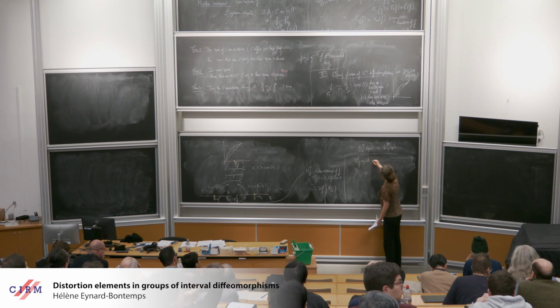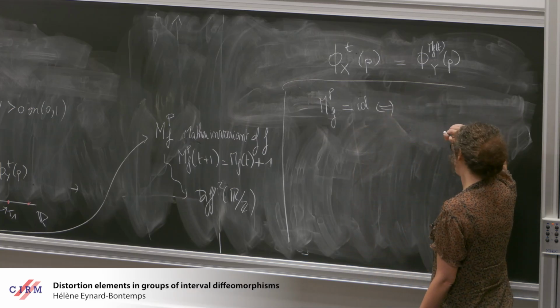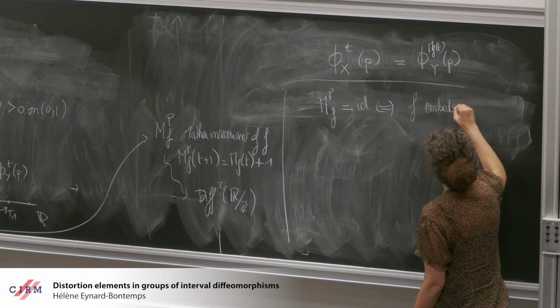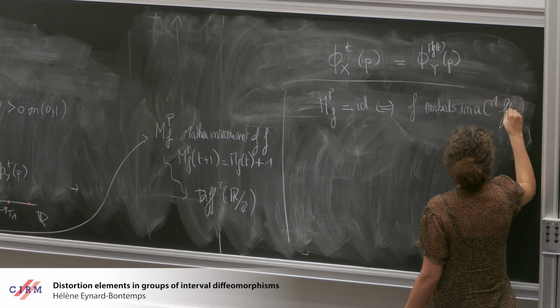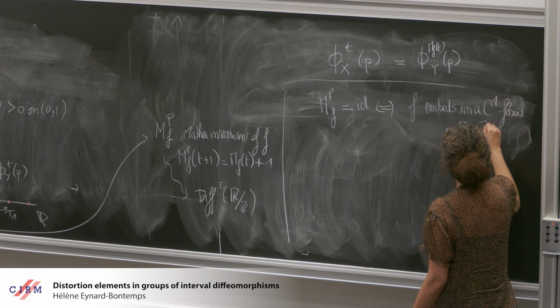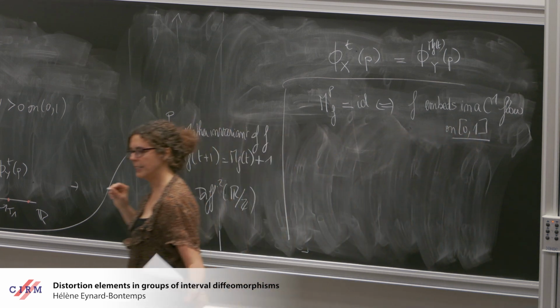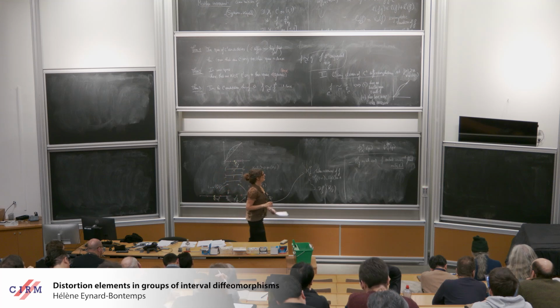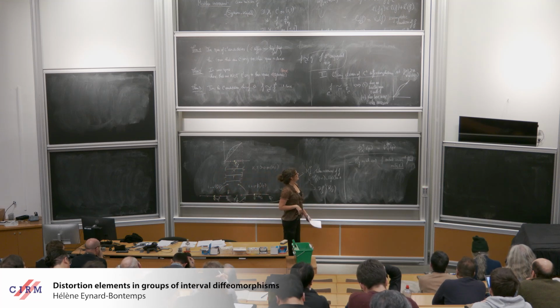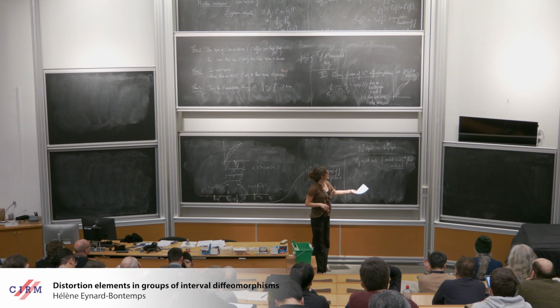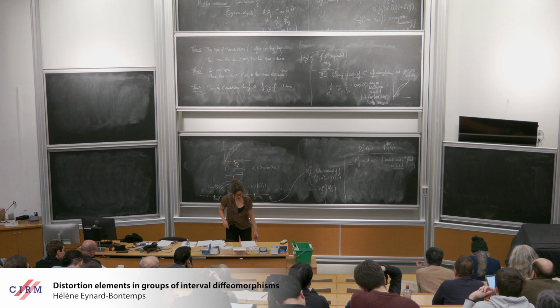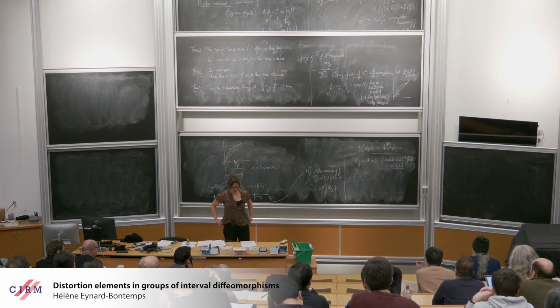So the matter invariant is equal to the identity if and only if f embeds in a C1 flow on the whole interval, because we already saw that it embeds in a C1 flow on the interval minus 1 point. That is always true. But for it to coincide with a C1 flow on the whole segment, it needs to have a trivial matter invariant. What is less obvious is what is the connection between this object and the conjugacy classes.